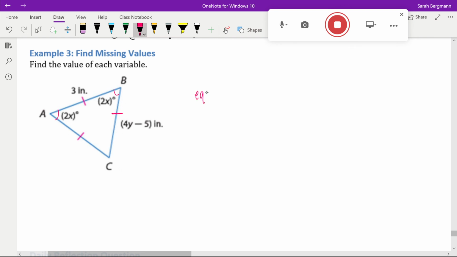Any equilateral triangle is always equiangular. Therefore, I know that angle C would also be congruent to angle A and angle B. I also know that in an equiangular triangle, all angles measure 60 degrees.